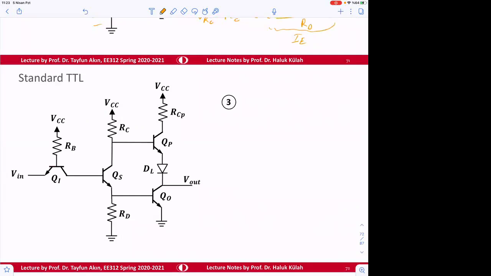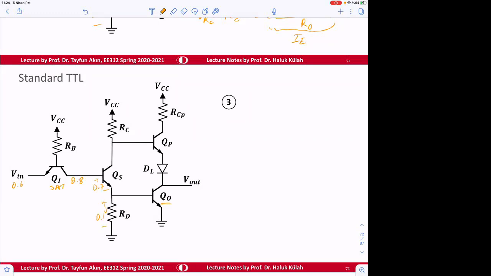What happens? Another critical point is when QO starts turning on. Let's say this is 0.6, this is in saturation, and this voltage is 0.8. So this is 0.7, and the voltage here is 0.1 volt.